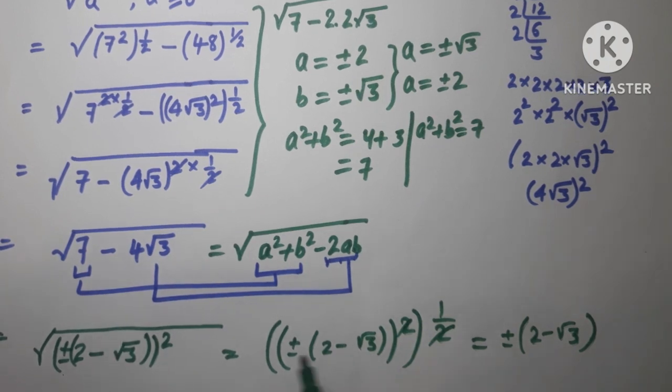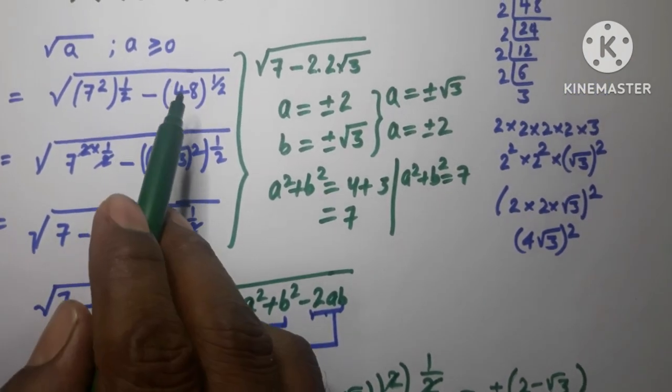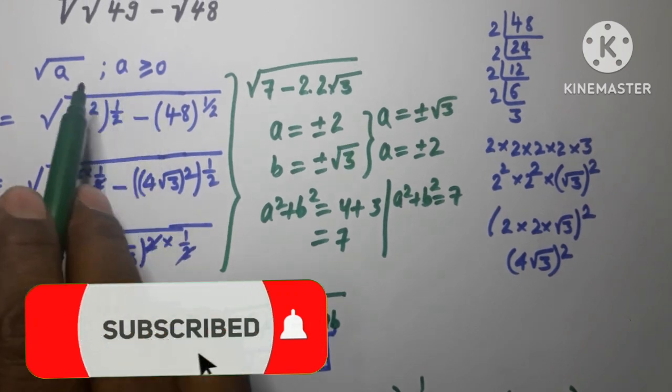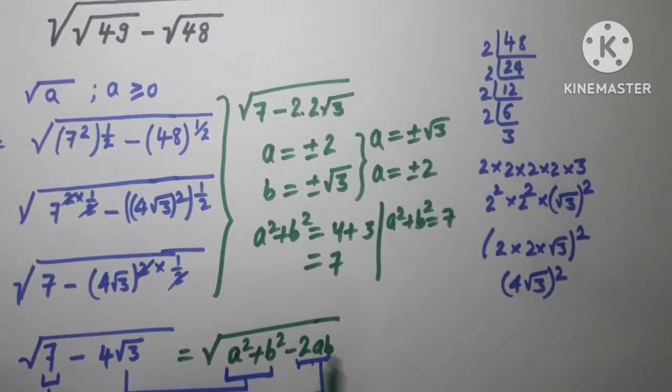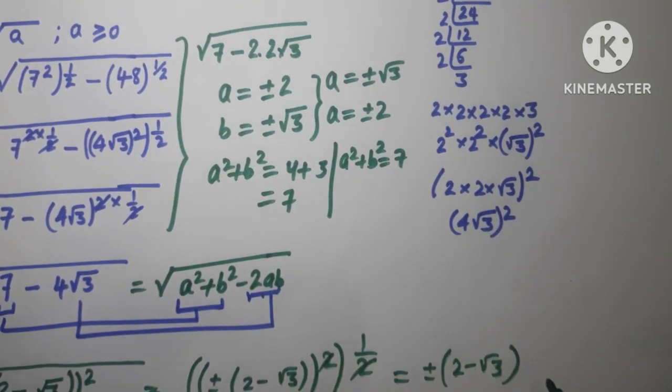But we need a positive quantity, because I have already written that whatever the value inside the root, that should be positive. That's why I am putting a positive sign.